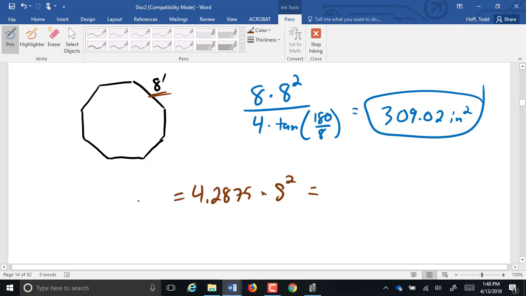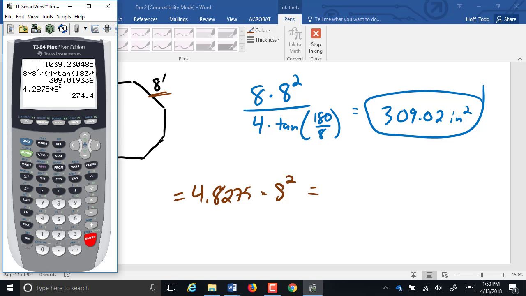Actually, I looked that one up. The area of a regular octagon is 4.8275 times the length of the side squared. That's a formula we gave you last semester. So 4.8275 times 8 squared, and there it comes out. We got 309.02 before, and this is 308.96. That's just round-off error.